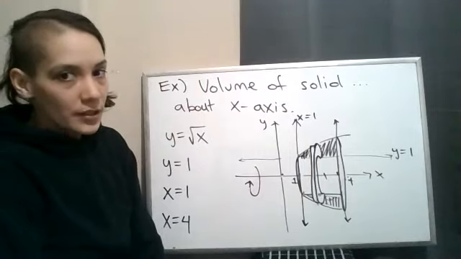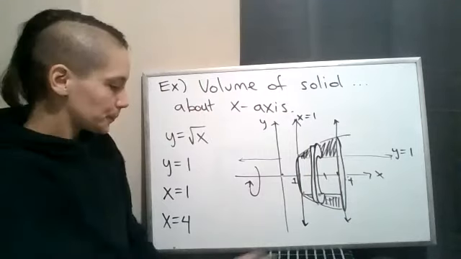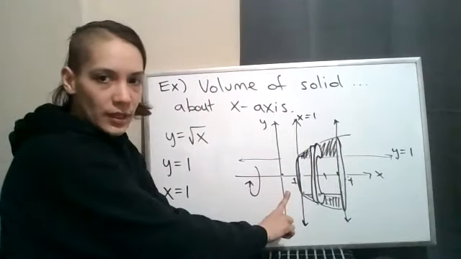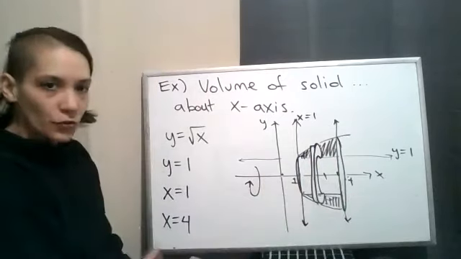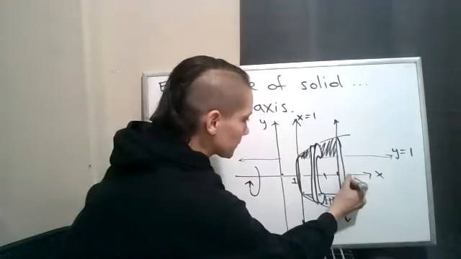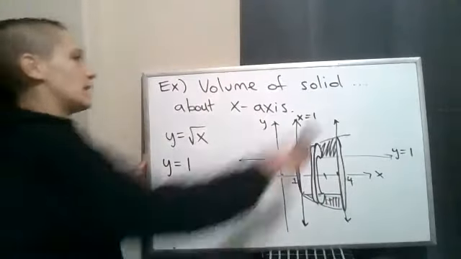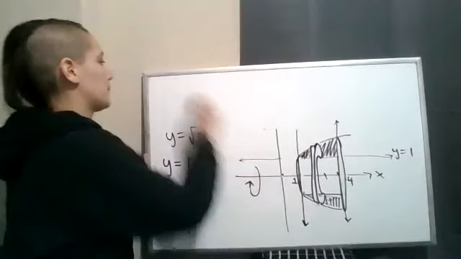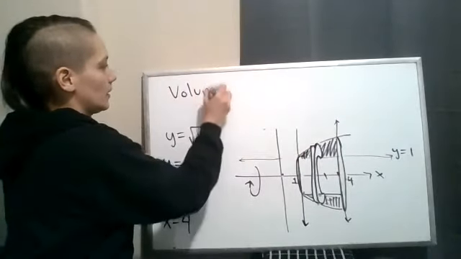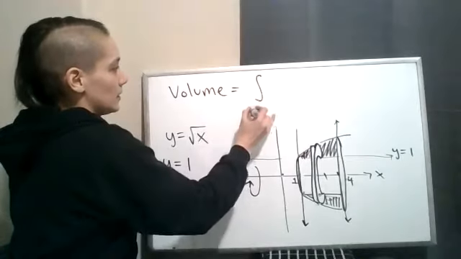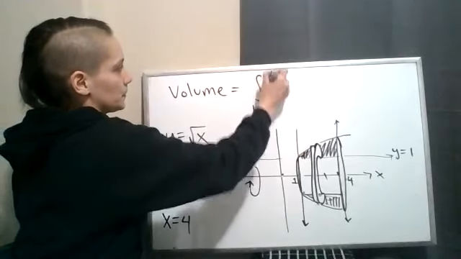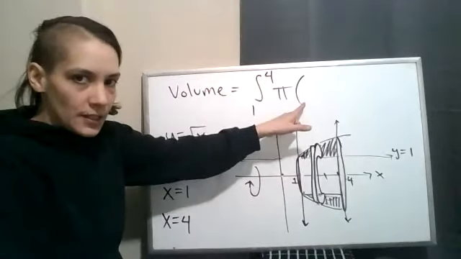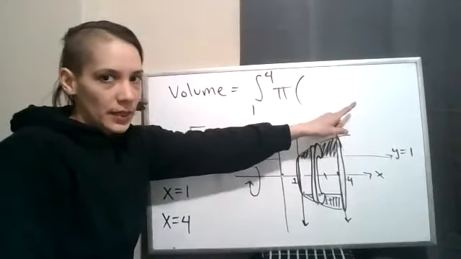Okay, so with washers, we need to take the volume from x equals 1 to x equals 4. Pi, and then we have the outer radius squared, subtract the inner radius squared.